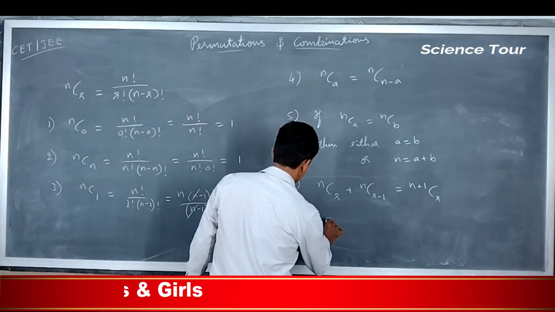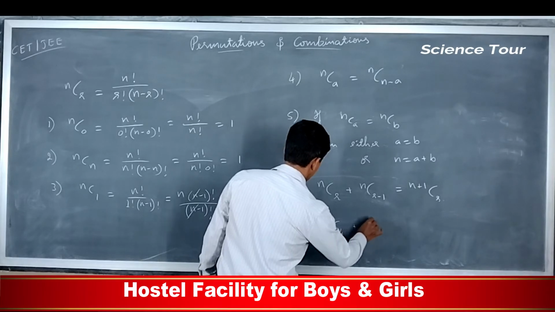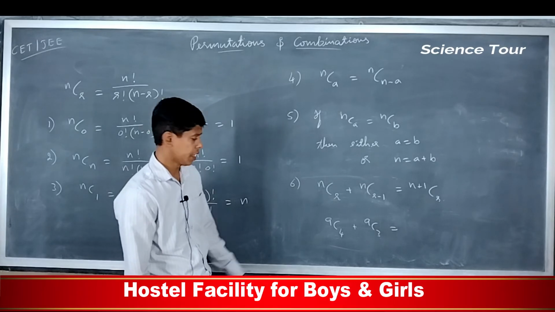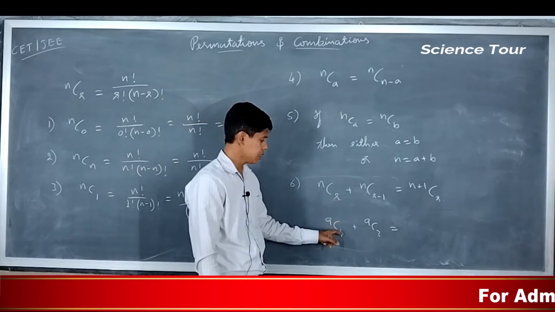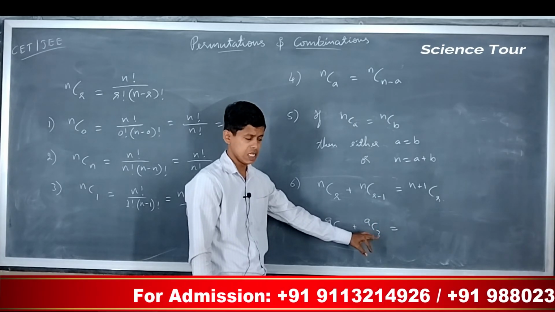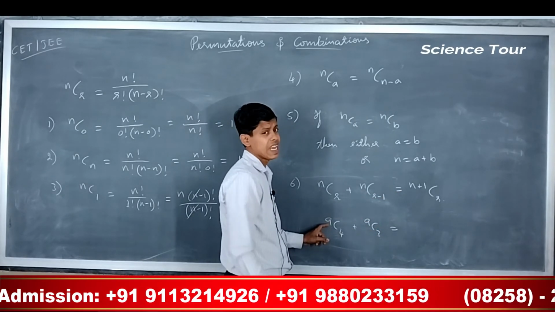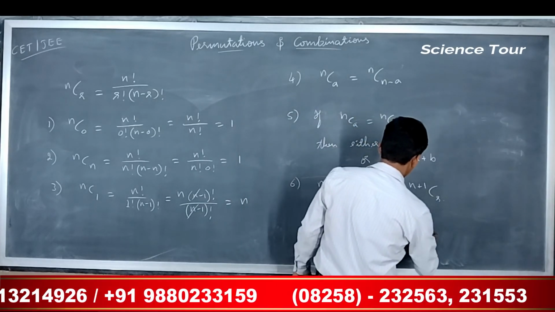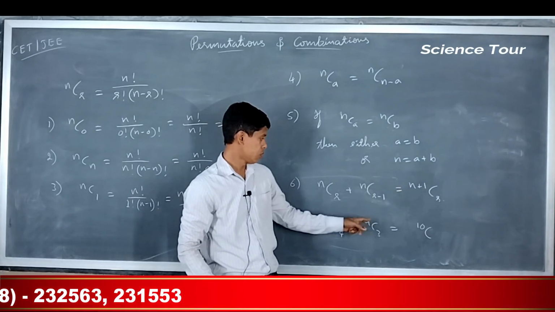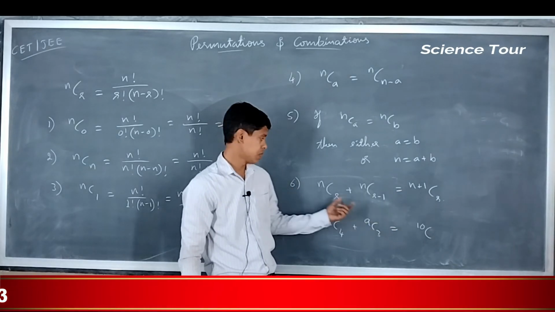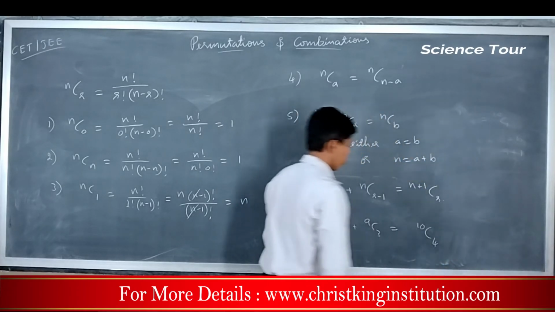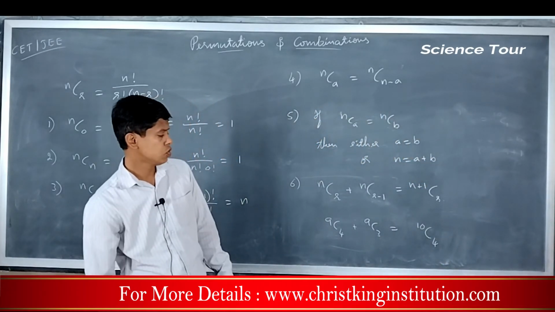If you have, let us say, 9C4 plus 9C3, what is it going to be? You have r as 4 here, and r minus 1 is 4 minus 1, which is 3. The answer will be n plus 1, that means 9 plus 1, and Cr. It is not r minus 1, so you don't write 3 there, but you write 4. So this is 10C4.